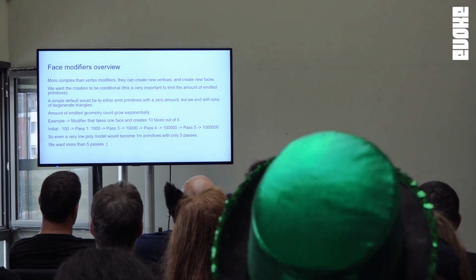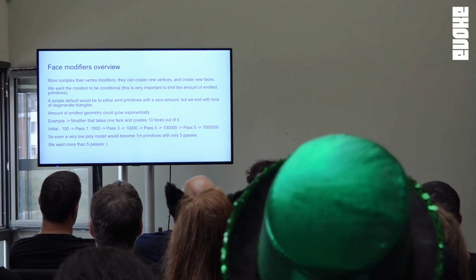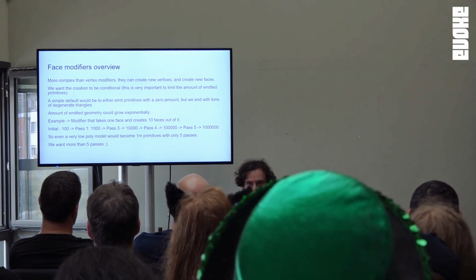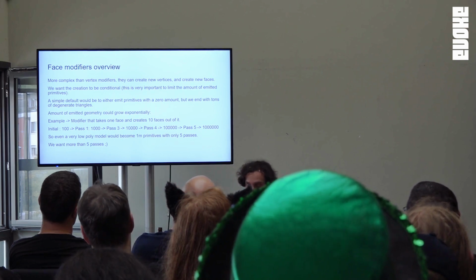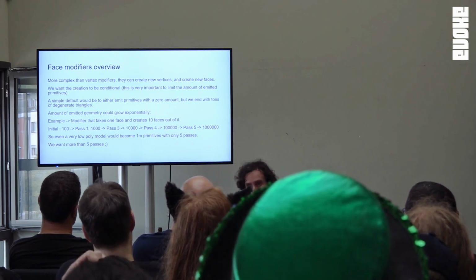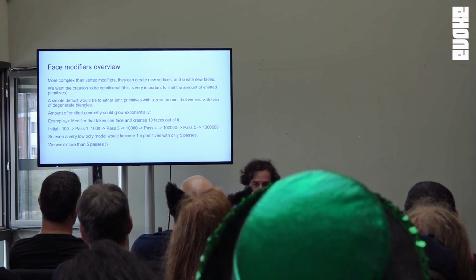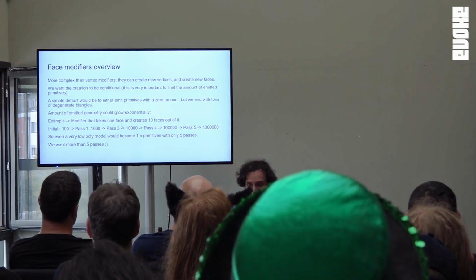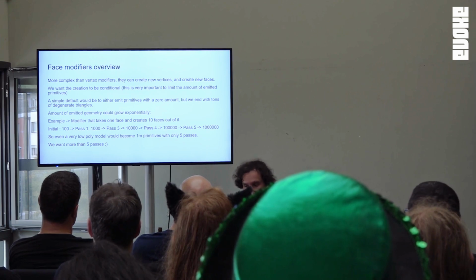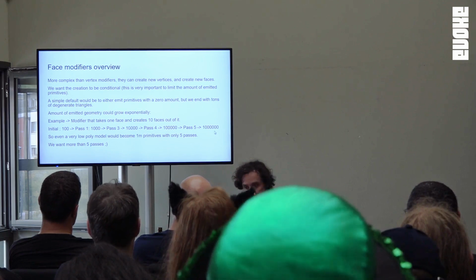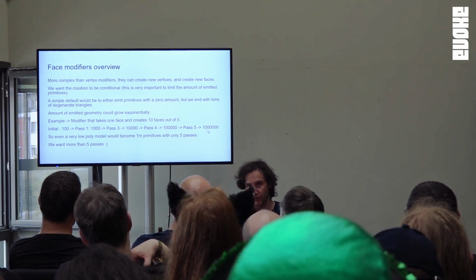So the simple default that we used before was to just emit primitive with a 0 displacement, so it's just like a flat triangle, for example, but obviously you still emit primitive. So that means it really grows exponentially. If you take one modifier that takes one face and creates tens, it's like 1,000, 10,000, and after 5 passes, you're already at 1 million.